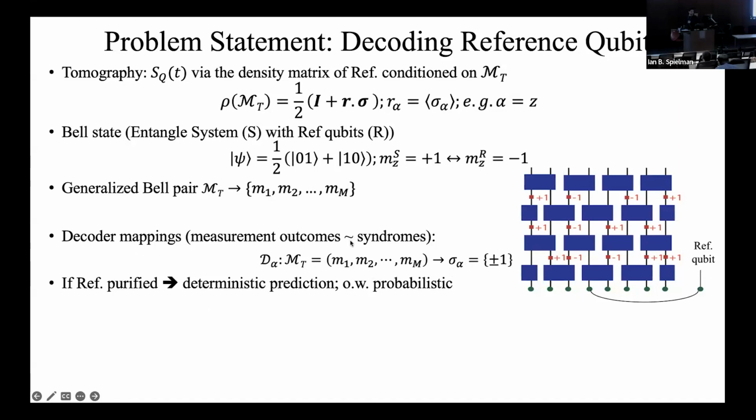In general, this mapping is probabilistic. It only becomes deterministic if the reference qubit is purified. If it is purified, then we can deterministically determine the state of the reference qubit.